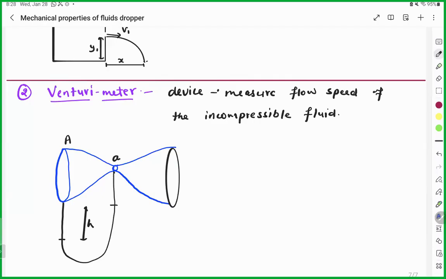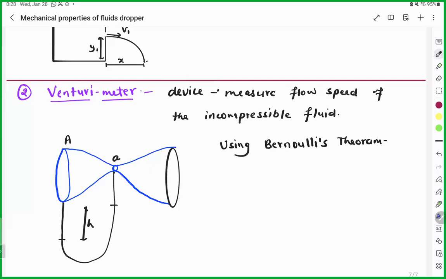If you have to apply Bernoulli's theorem, how will you apply it? What is the Bernoulli theorem equation? It's a streamlined flow of incompressible fluid.